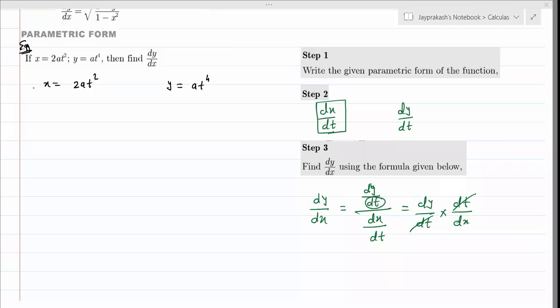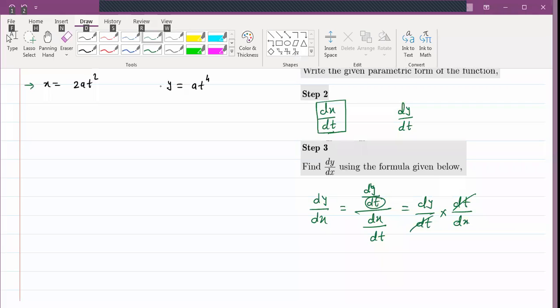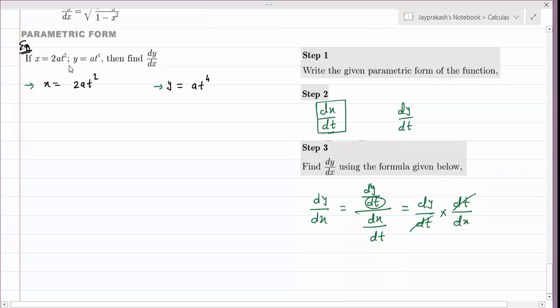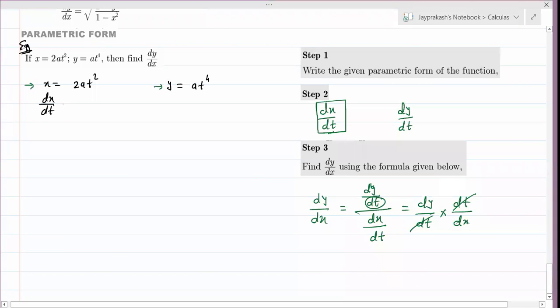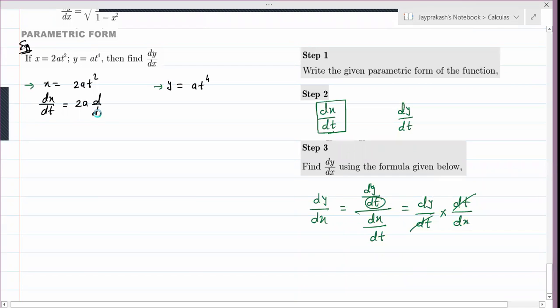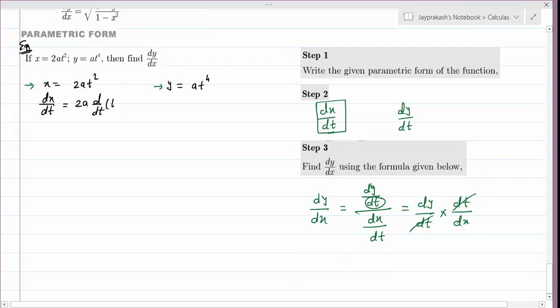So this x with respect to t. So dx by dt is equal to 2a, a is the constant and the square of t will be differentiated. So it will be 2a into 2t.